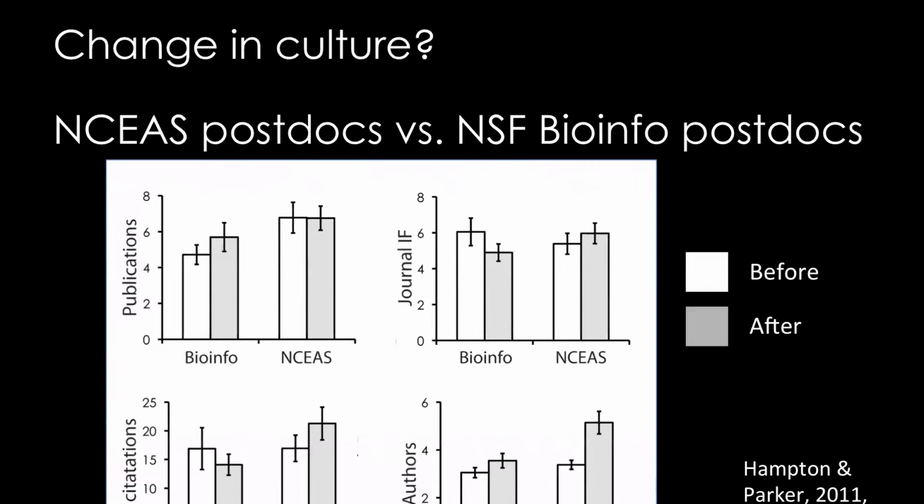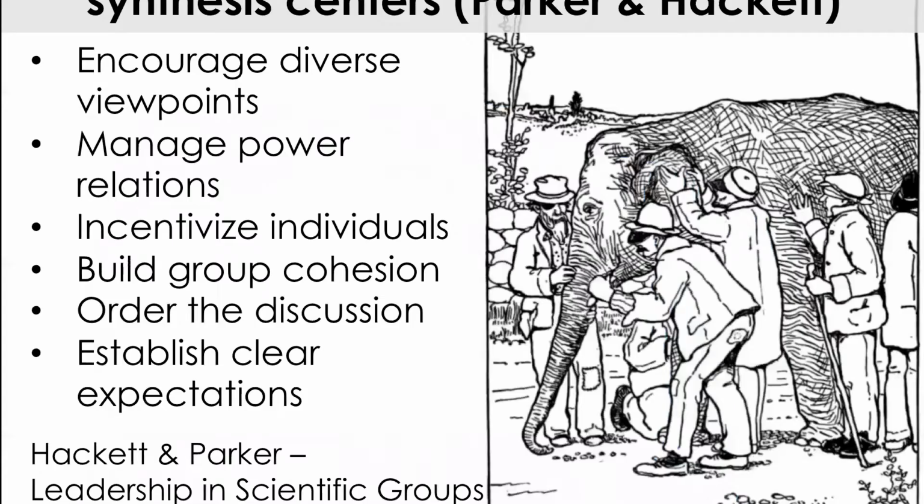And if you dig into some of these numbers on citation rates, you'll see that the elevated citation rate, if it's there, would be attributable to more co-authors. So broader networks and seemingly more collaborative way of doing science as they come out of these synthesis centers.